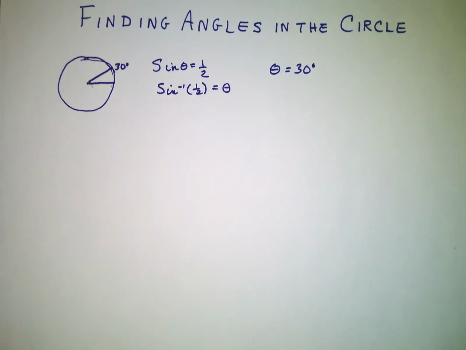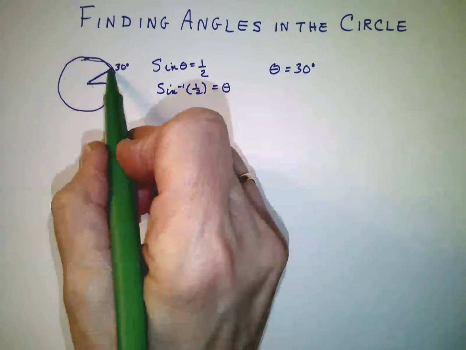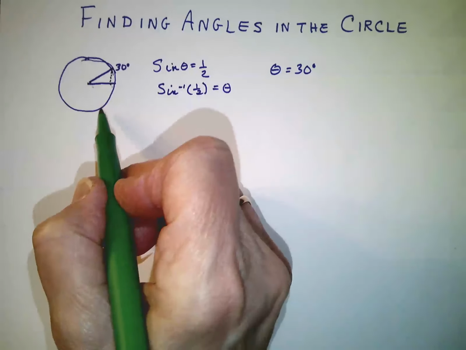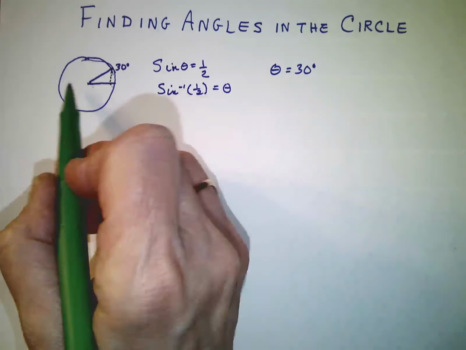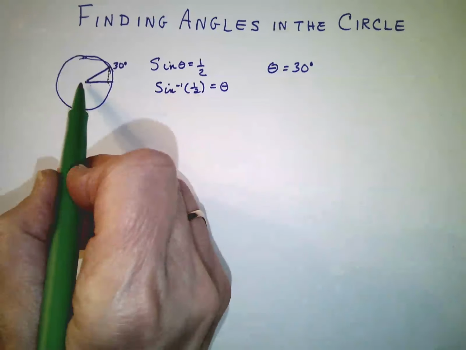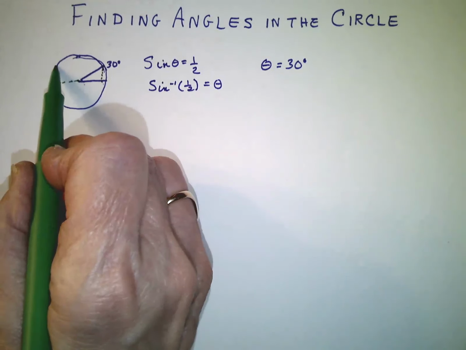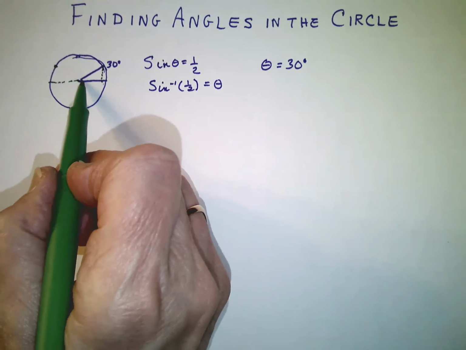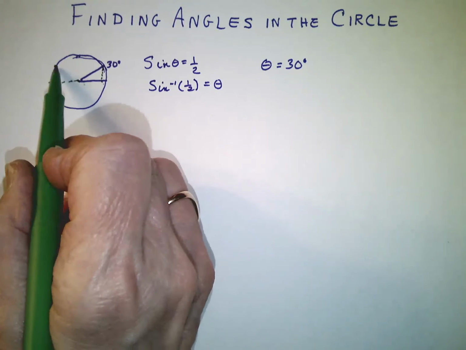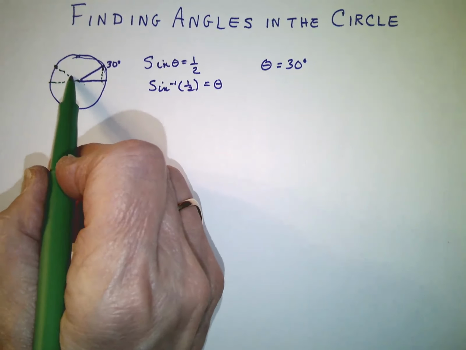But there is another spot on this circle where the y value is exactly the same. There's another spot over here with the same height above the origin. So there's another angle over here.